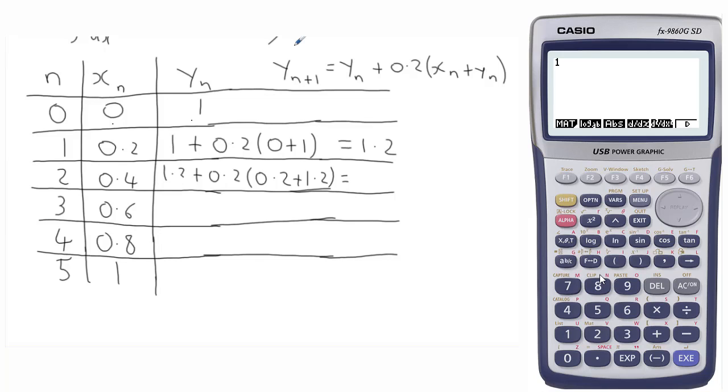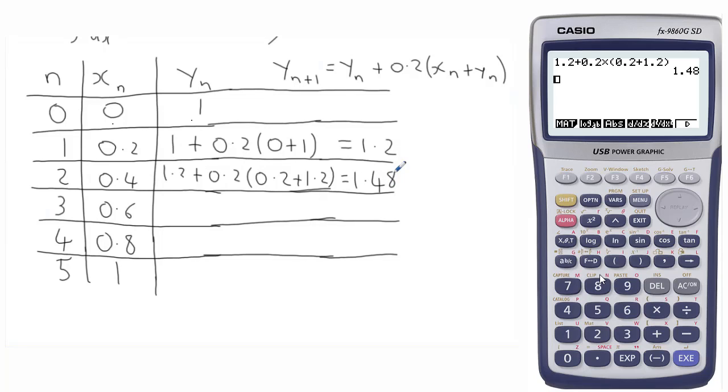So 1.2 plus 0.2 times 0.2 plus 1.2. Okay, that gives us an answer of 1.48. Okay, so now we're on to y3.